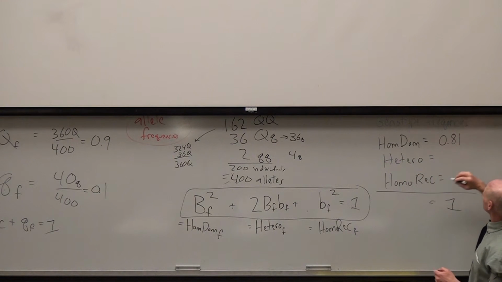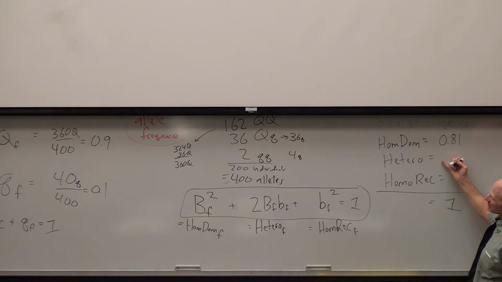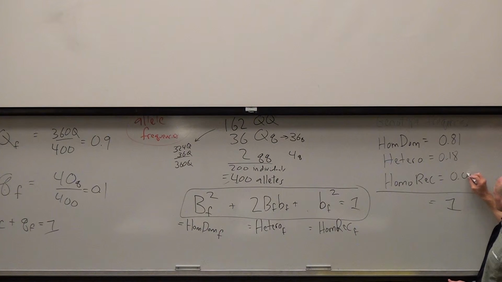Because we know there's 200 individuals, and out of those 200 individuals, 162 are big Q, homozygous dominant. So their portion, their percent is 0.81. How about heterozygous individuals? 18 or 0.18, and homozygous recessive, 1%, I think? Right. 2 out of the 200 individuals are little q, and that's going to equal 0.01, 1%.